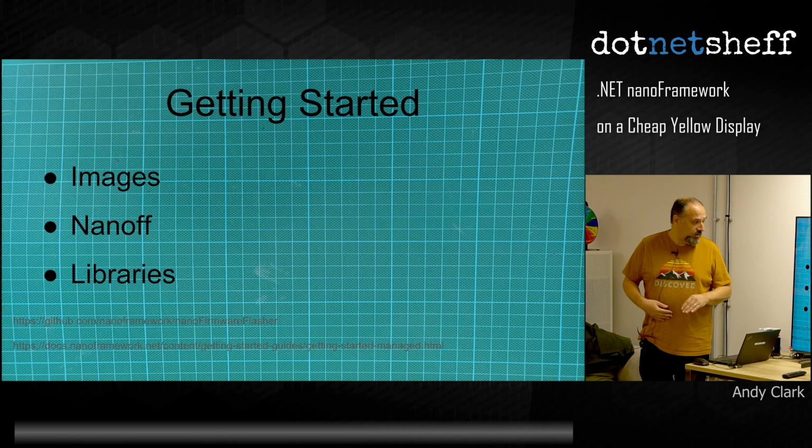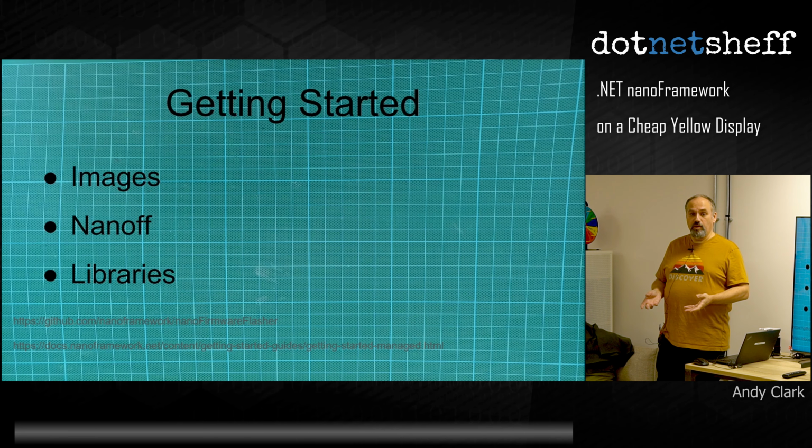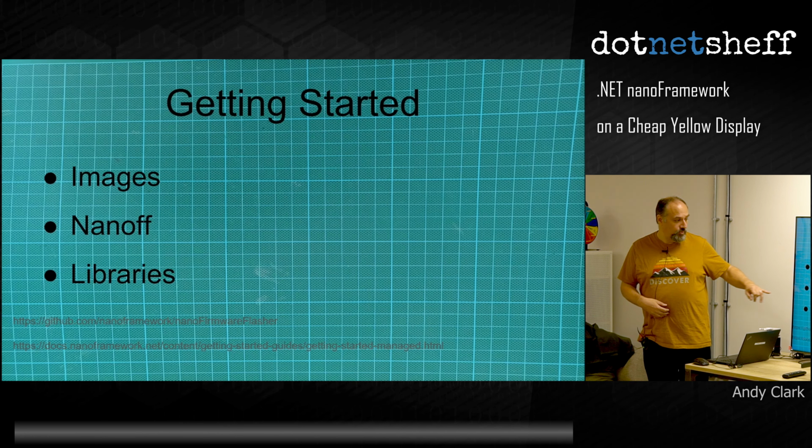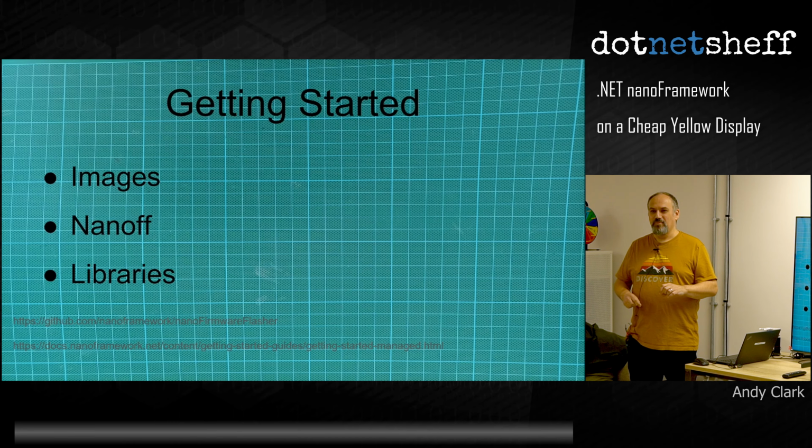So, getting started. Most of these devices don't come with nanoFramework on them, so you need to get what they call the firmware or an image onto that device. And you use a tool called nanoff, which I foolishly thought was a little piece of software until I tried to download it on the train today and it was 140 megabytes.